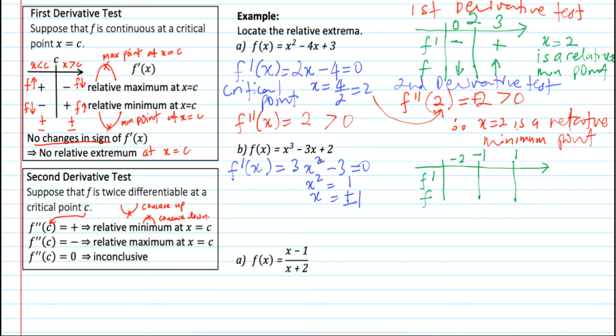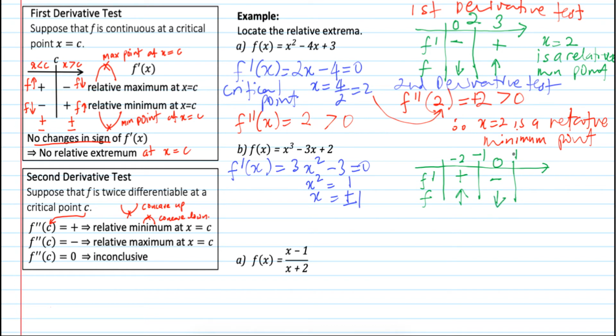Negative 2 squared, you get 4. 4 times 3, 12. 12 minus 3, you get a positive number. Therefore, f is increasing when x is less than minus 1. Choose a number between minus 1 and 1. For example, 0. Substitute into f prime. 3 times 0 is 0 minus 3. So you get a negative number. So f is decreasing.